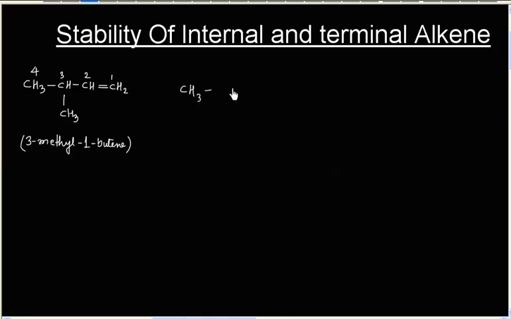Now consider this alkene. So this is 2-methyl 1-butene.